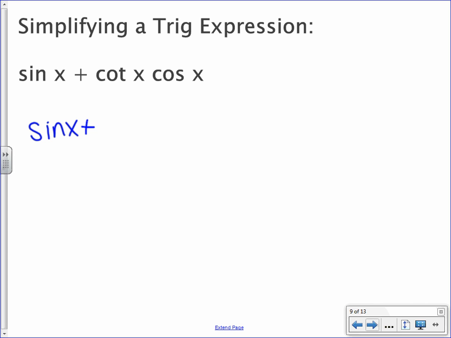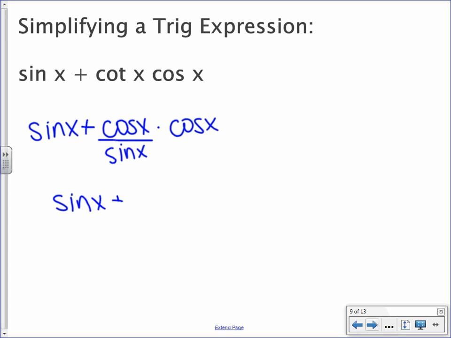What else? We can write it as cosine over sine. Okay. So if I write it as cosine over sine, that means that we really have sine of x plus cosine squared x over sine of x.